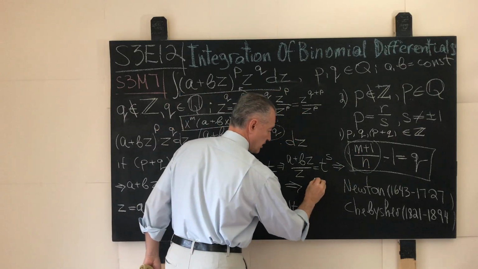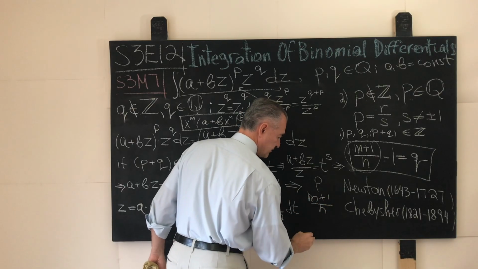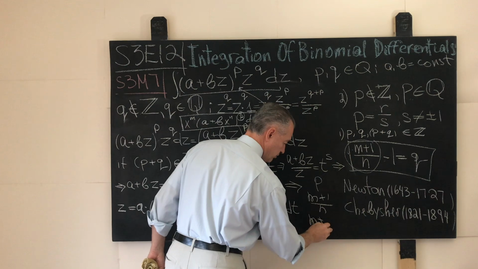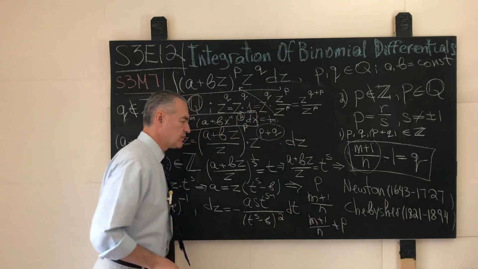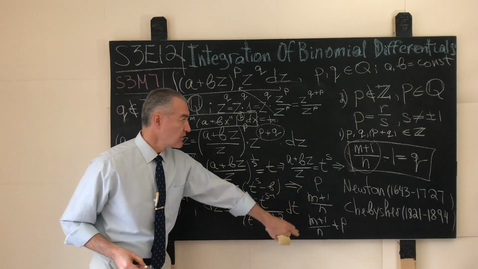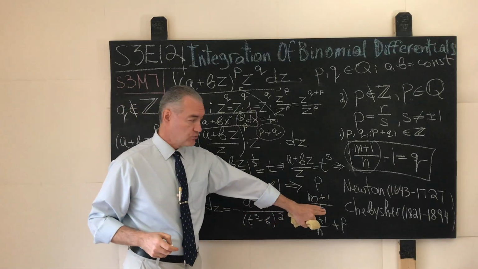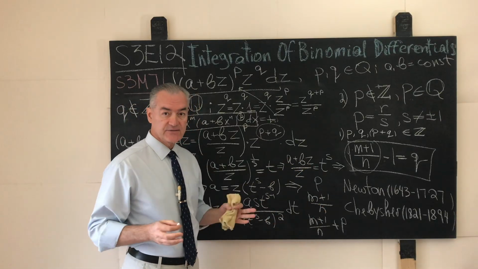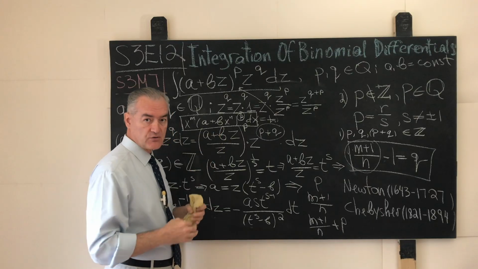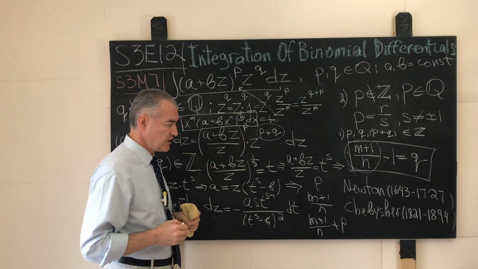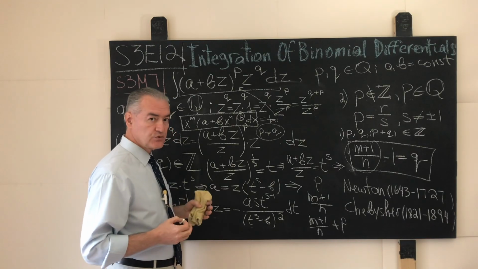If any one of these three numbers is a whole number, then definitely the integrals over here are representable in closed form, as a finite combination of elementary functions.